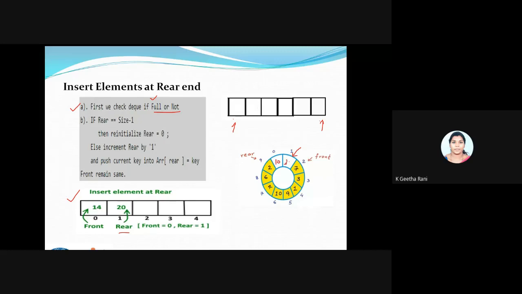At the rear end I'll be adding the element. Now the rear will be here. Now the next condition is my front is equal to rear plus 1. My front value is 2. So 2 is equal to what is the value of rear? Rear is 1. So rear plus 1, 1 plus 1, 2. If this is the condition, then I'll tell the queue is full.